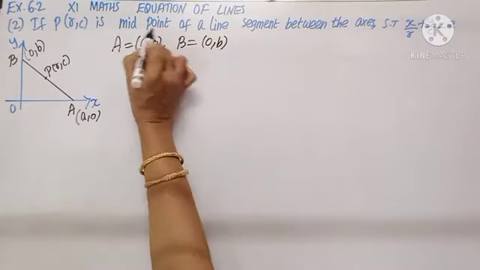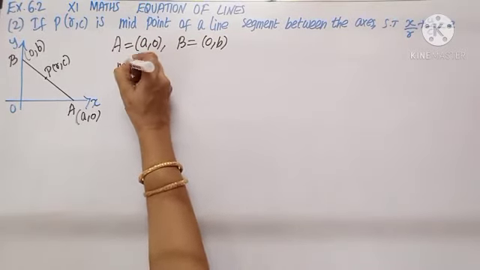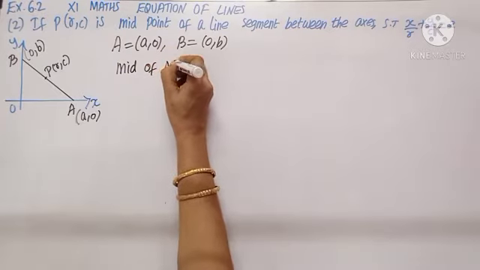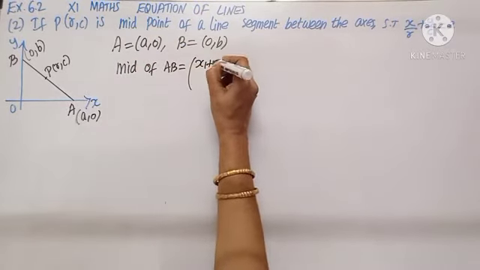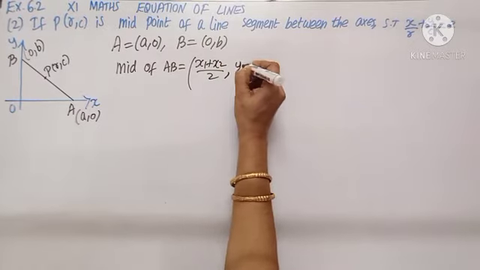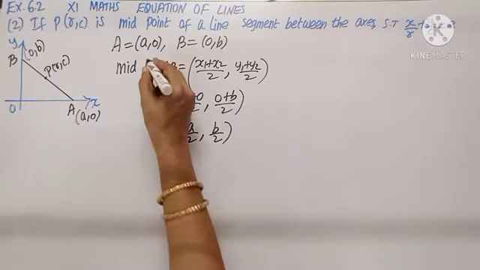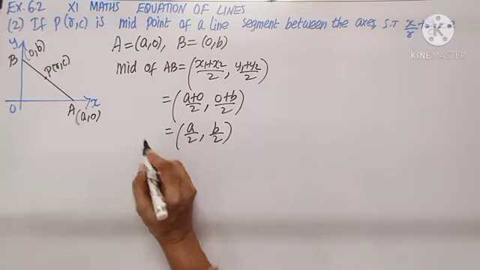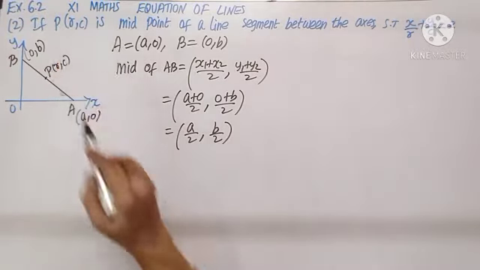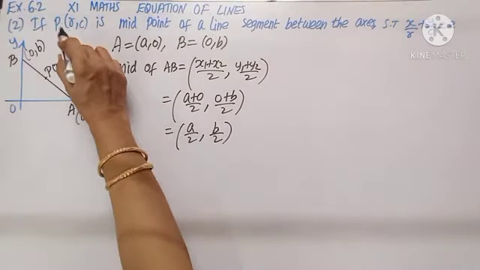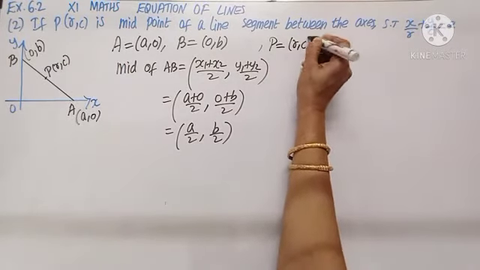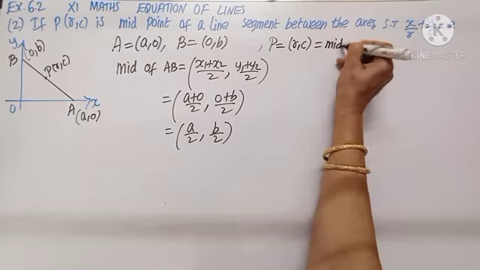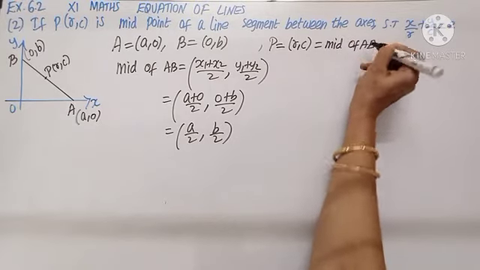The question is about the midpoint. So what is the mid of AB? It is (x1 plus x2 by 2, y1 plus y2 by 2). They have given the mid of AB is P, that is (r, c). So P equals (r, c) is the mid of AB.